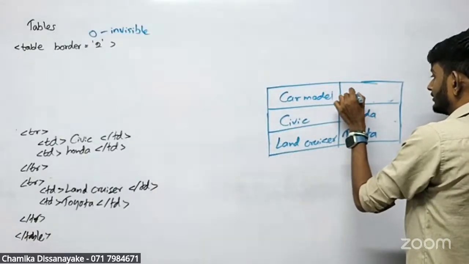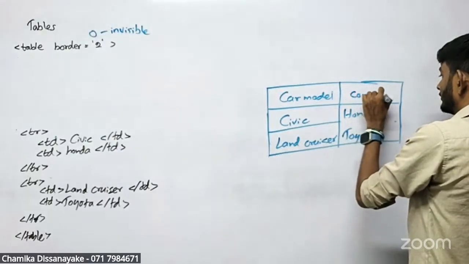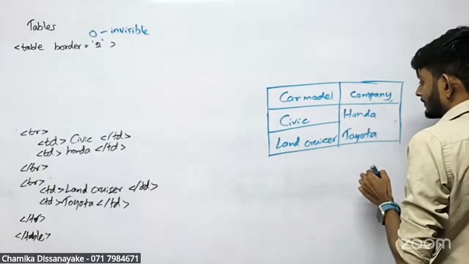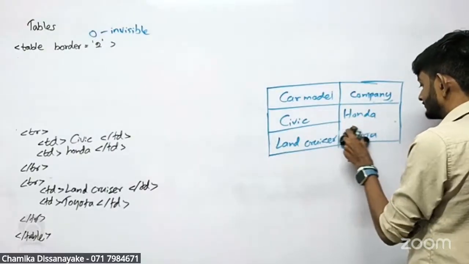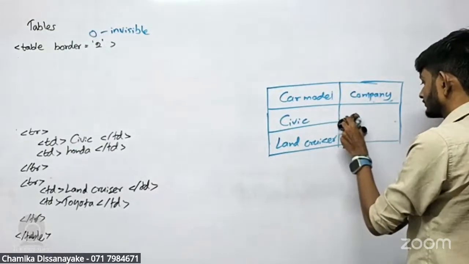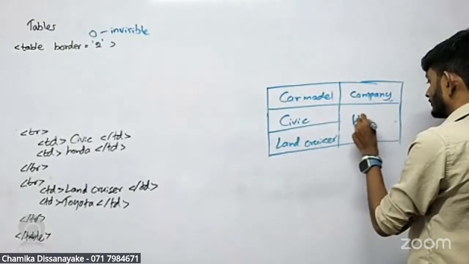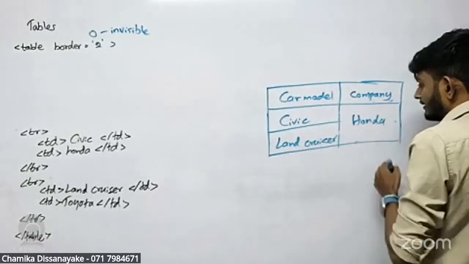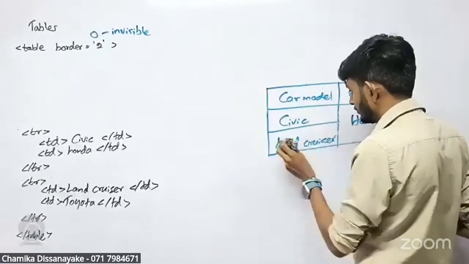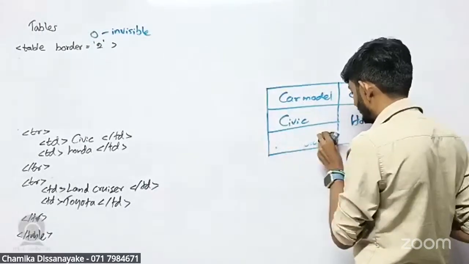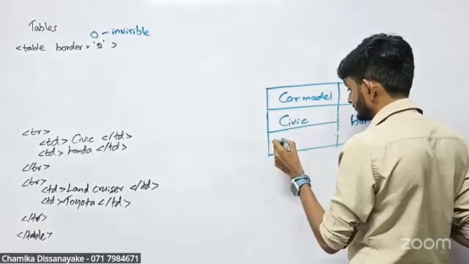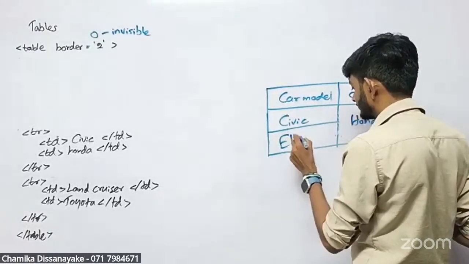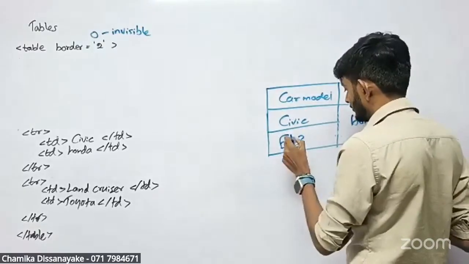Car model and company, same company. So here we have Honda. Civic is a Honda, but Land Cruiser is not a Honda. EK3 is a Honda model.